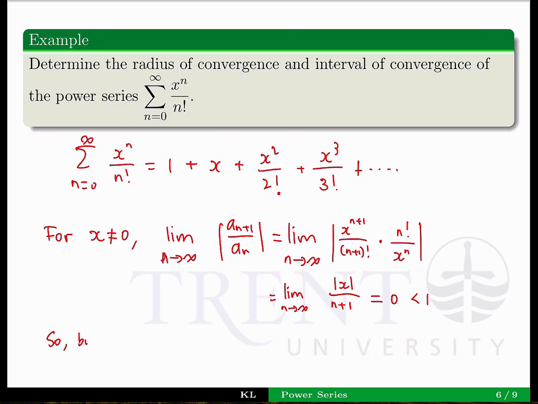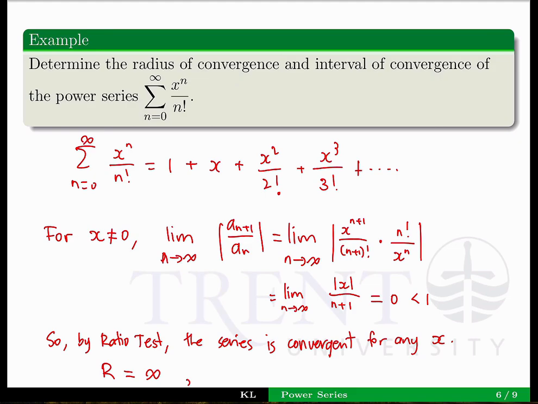So, by the ratio test, the series is convergent for any x, which means the radius of convergence is equal to plus infinity.